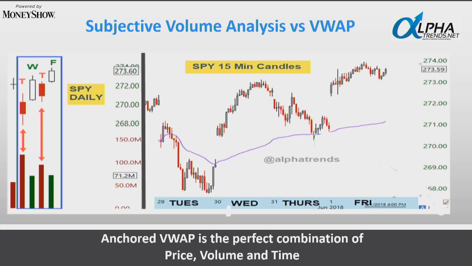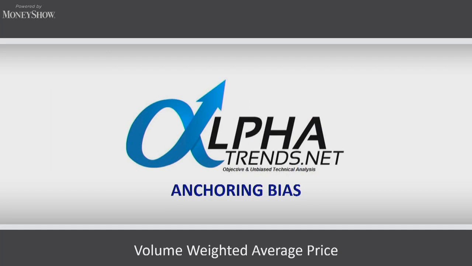If we see that on Wednesday, the average price continues to move higher, it gives us a true assessment of who's in control. Because maybe that big red volume occurred, it closed down, but it was up most of the day. 80% of the volume might have actually occurred at higher prices when it was positive on the day. So it just gives us a little bit more accurate picture of who's in control from a certain standpoint.